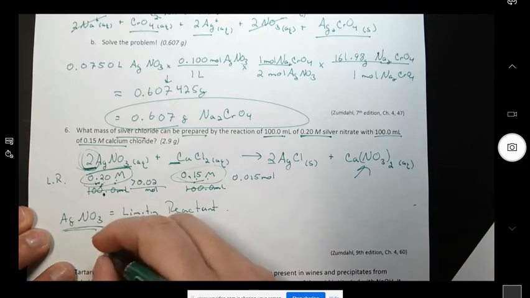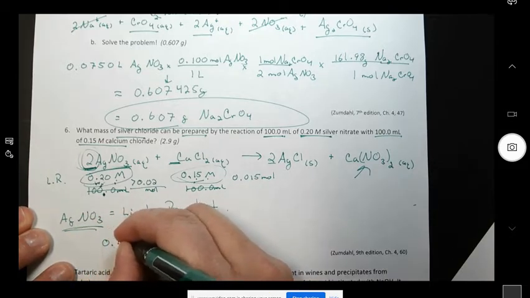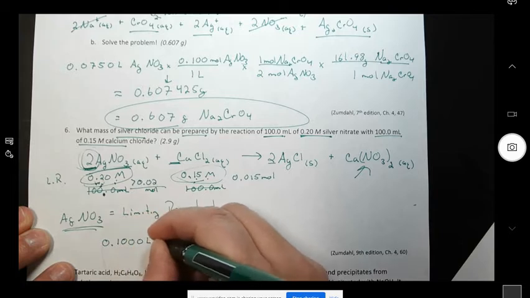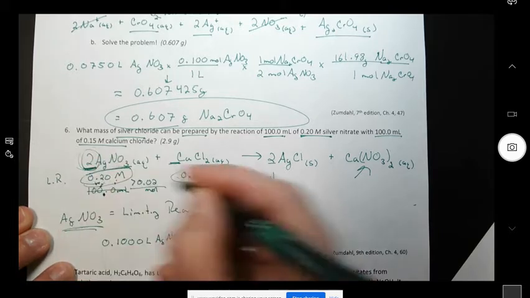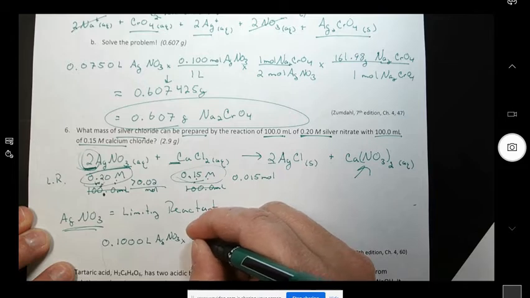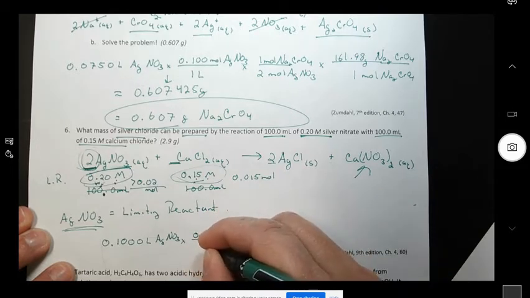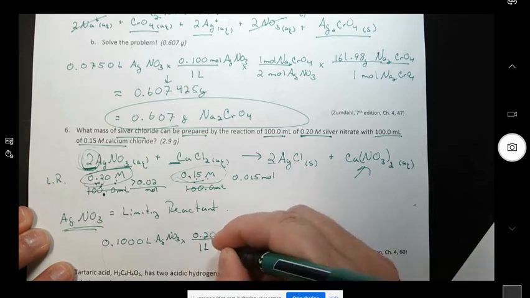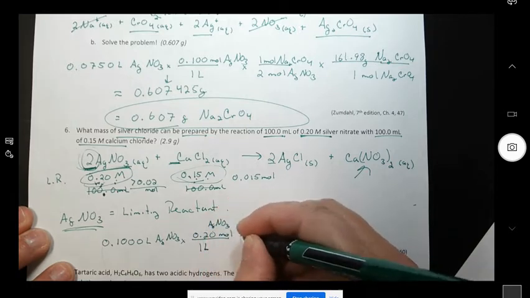So starting with my volume, 0.1000 liters of silver nitrate. And again, our concentration is 0.20 moles per liter of AgNO3. So I'm going to write it up here.